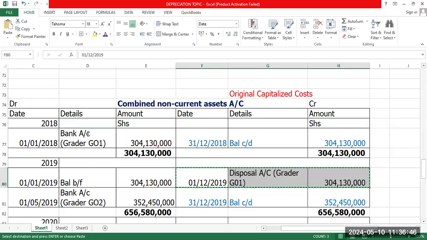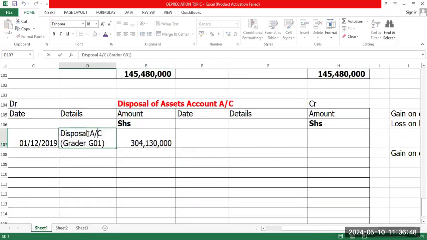The heading of that account is non-current assets account. You can call it combined non-current asset account.